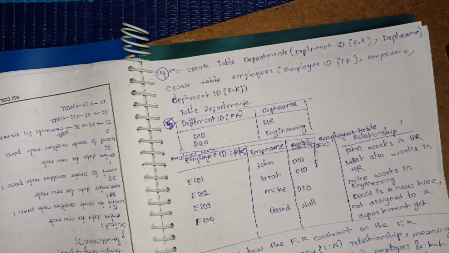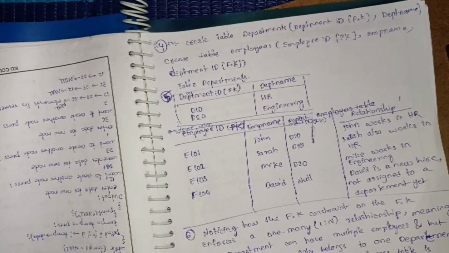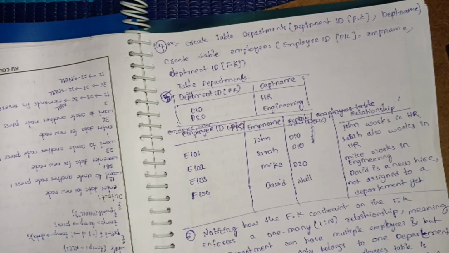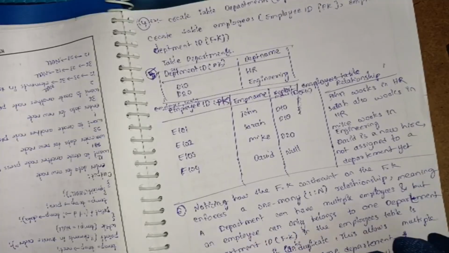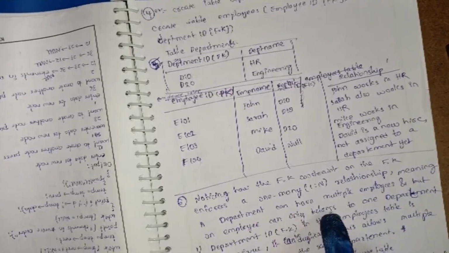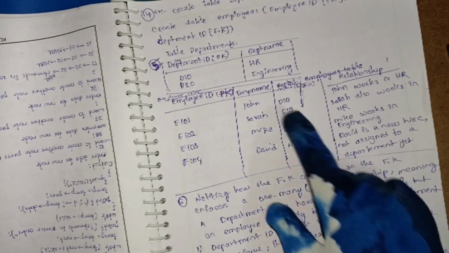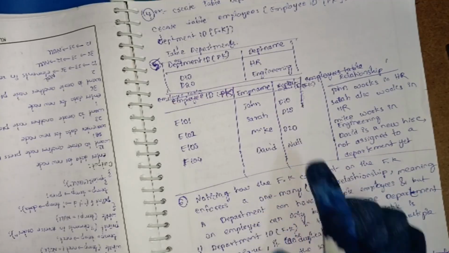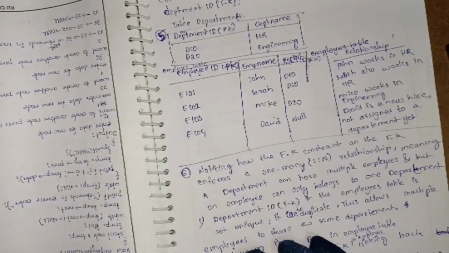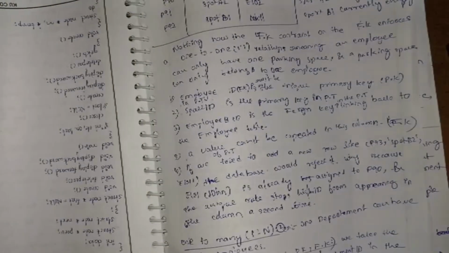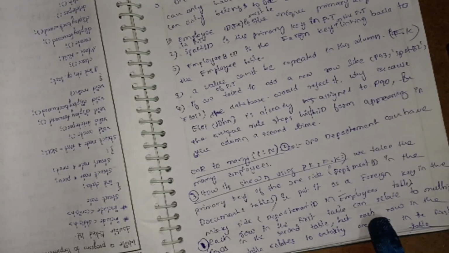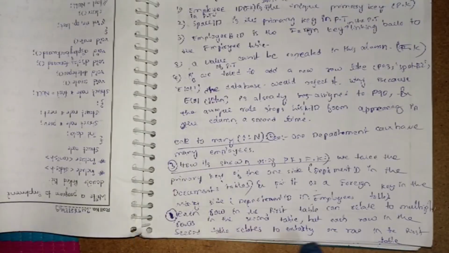So in the one to many relationship, an employee can only belong to one department only, not D10 and D20, because here in the definition it is there.